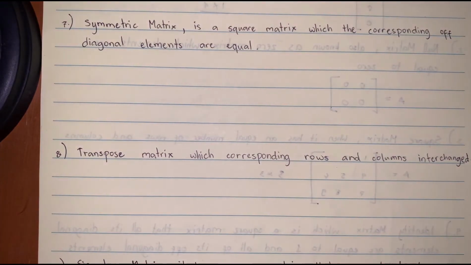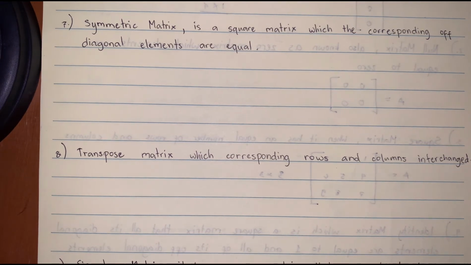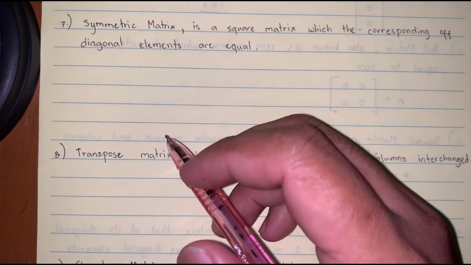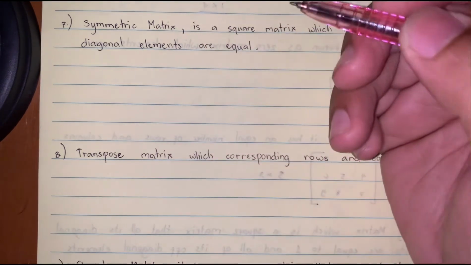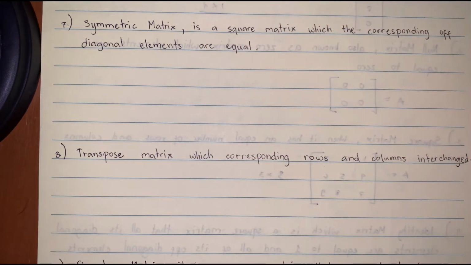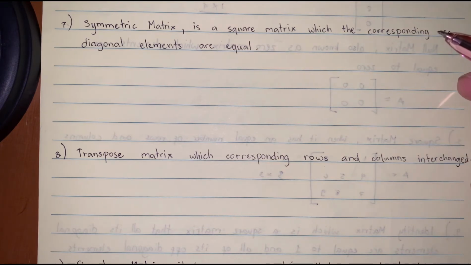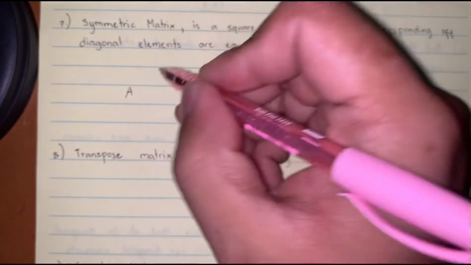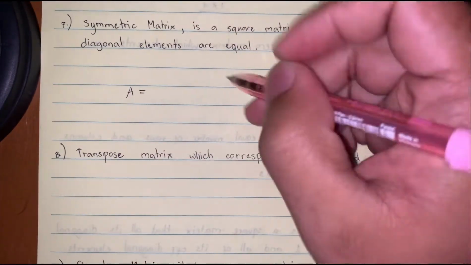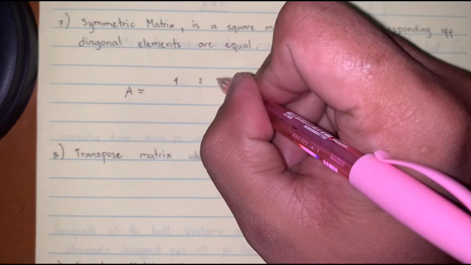Number 7, symmetric matrix is a square matrix in which the corresponding off-diagonal elements are equal. Malalaman daw natin na symmetric matrix kapag square matrix, or yung 3x3, 4x4, 5x5, yung equal ang rows sa columns. Example, A is equal to 4 2, 6 3.